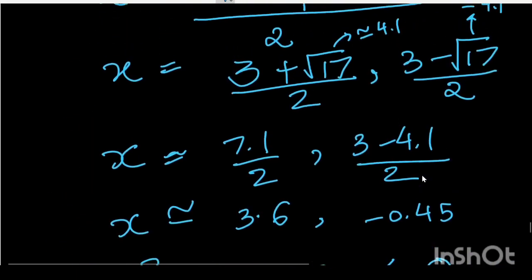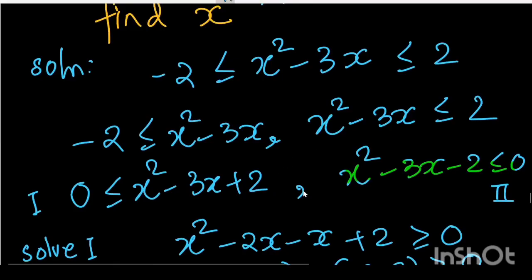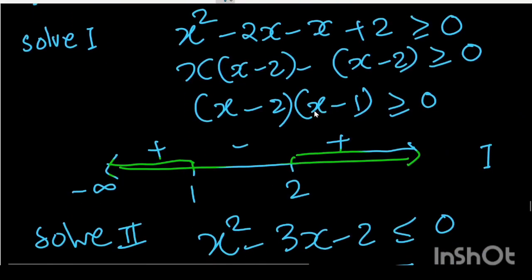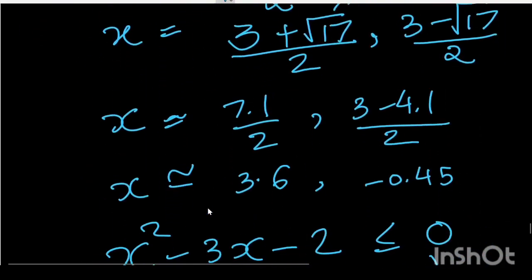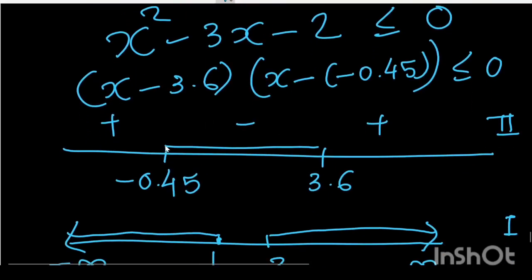In both the inequalities, we are taking intersection, I hope you understand, because of this comma sign. Here greater than or equal to 0 was there, so 1 and 2 will also be included in the solution, and so would be for the second inequality.